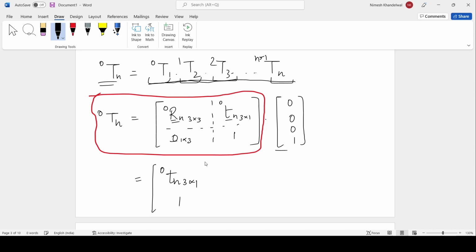So now you know how the origin of the nth frame looks in the zeroth frame, or the base frame. It will just be the translation part of the T0n matrix, right?